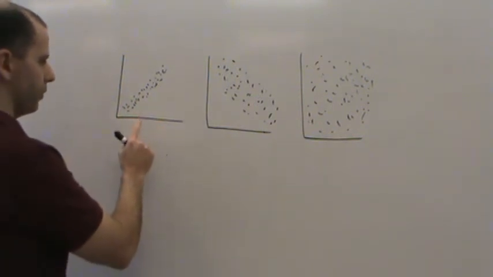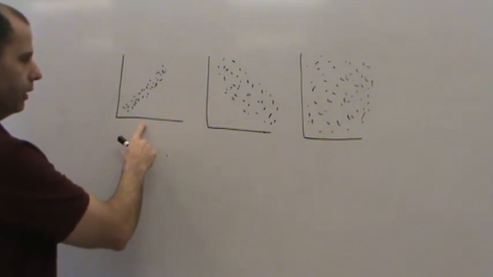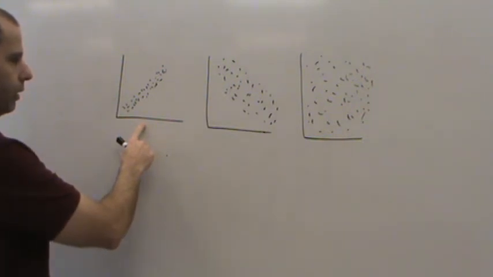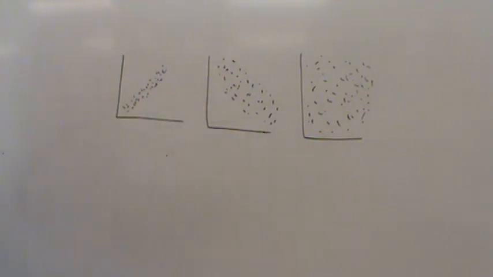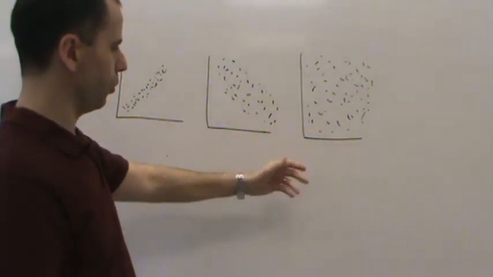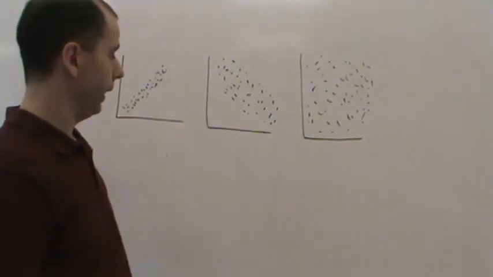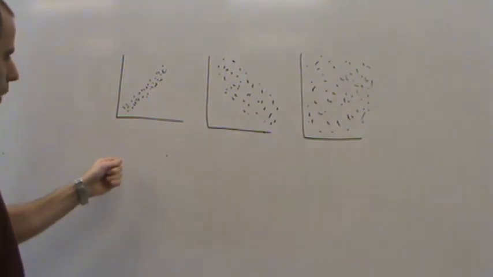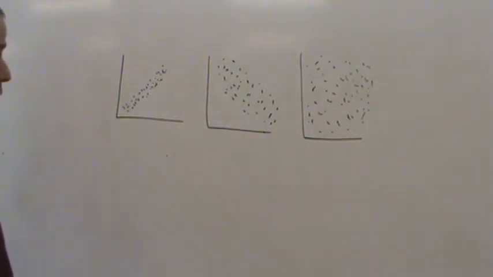So we got strong. Oh yeah, negative, positive. Yeah, of course. Never mind. So we've got linear versus nonlinear, and we've got strong, moderate, weak, or no correlation. So those are the four. And then the other one is whether it's negative or positive correlation.